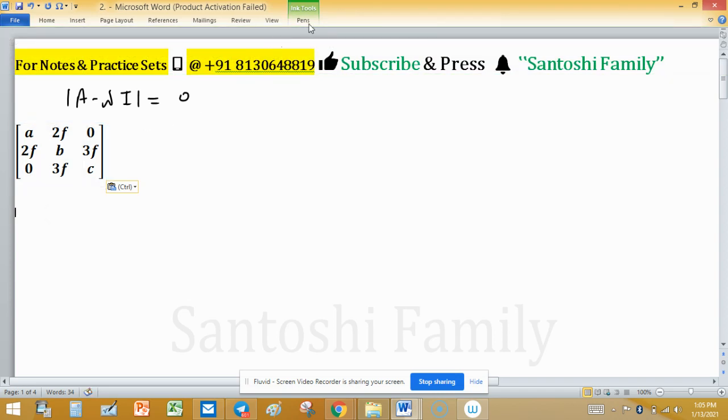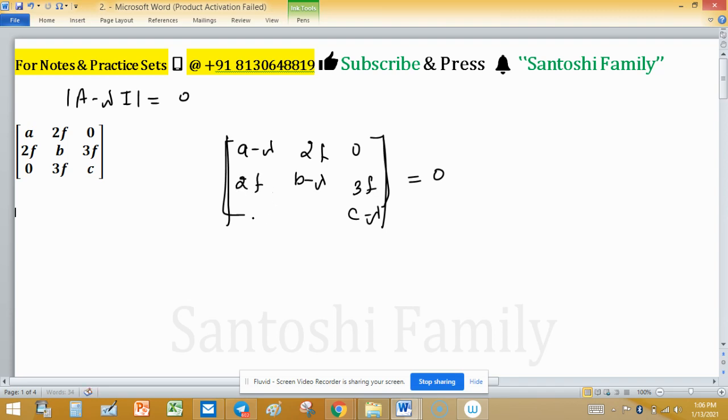So we need to find A minus lambda I. A minus lambda I will only have a minus lambda, b minus lambda, and c minus lambda on the diagonal, and the other entries, 2f, 0, 3f, 2f, 0 and 3f, remain the same.